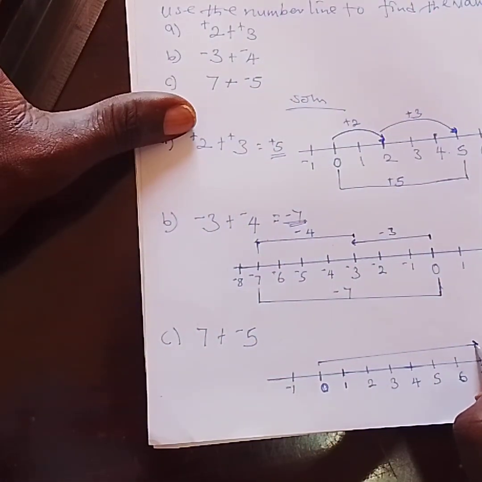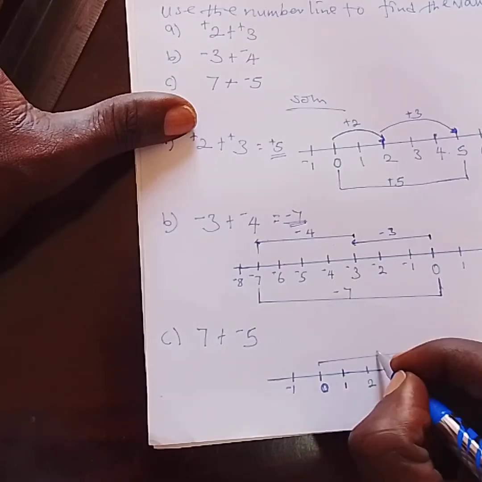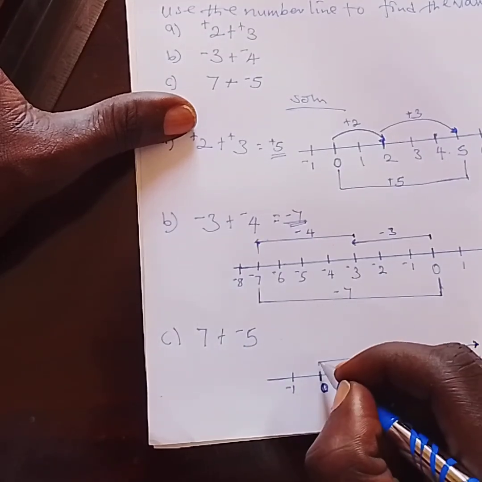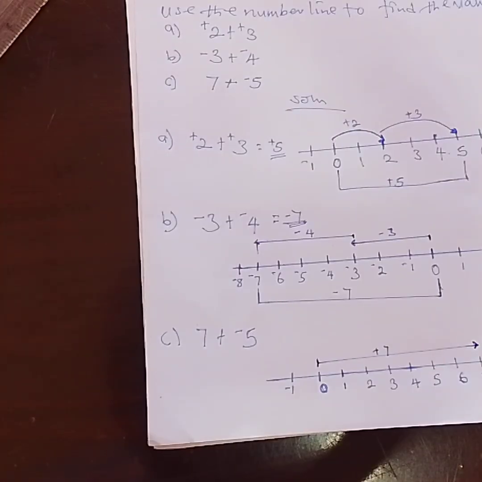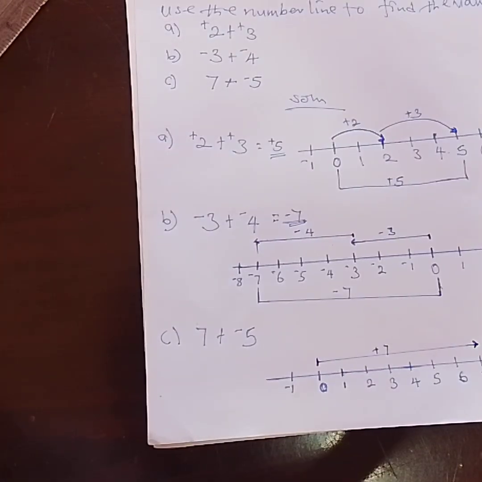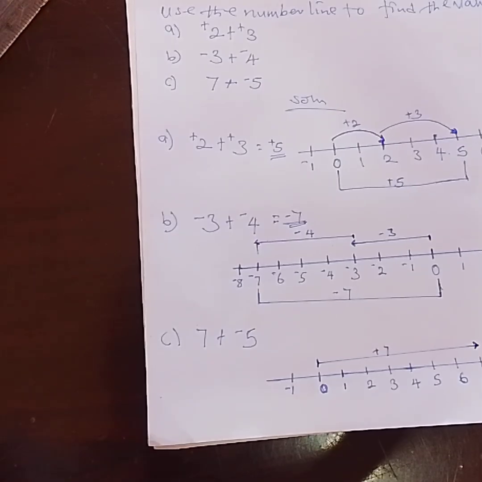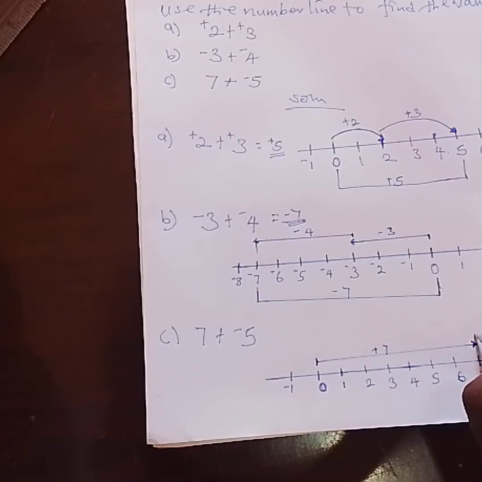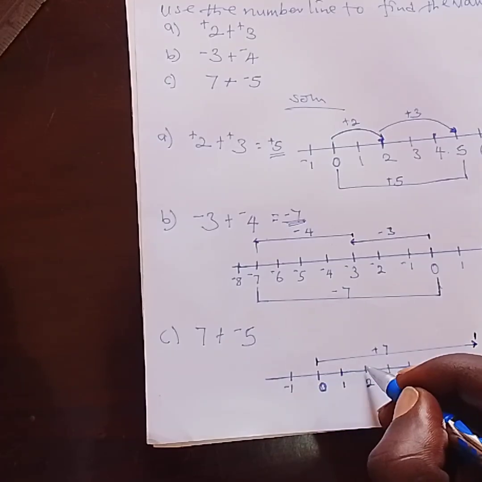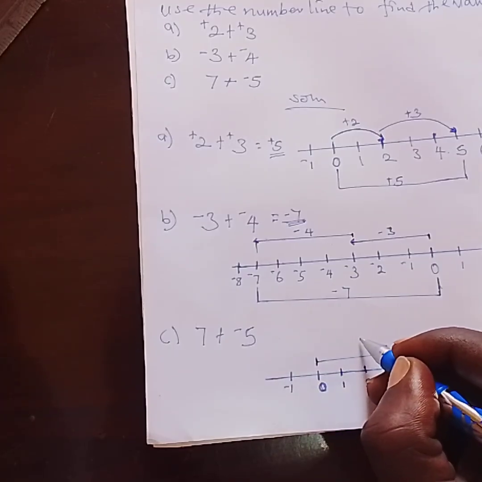This is positive 7. Then from +7, we are told to add -5. So how are we going to add our -5? From +7, we shall come back. We shall subtract 5. So how are we going to subtract this? 1, 2, 3, 4, 5. We shall end here.